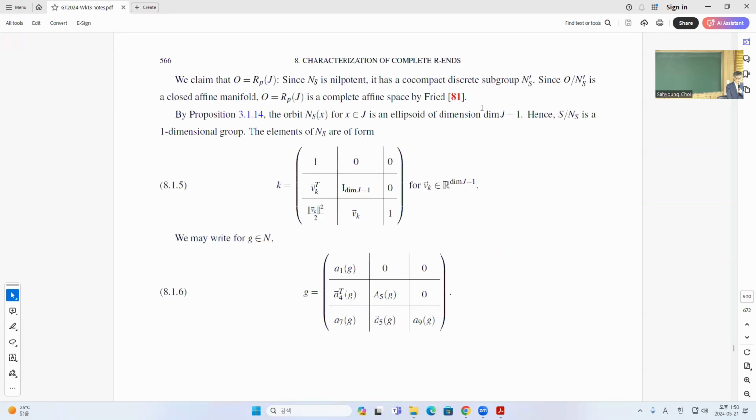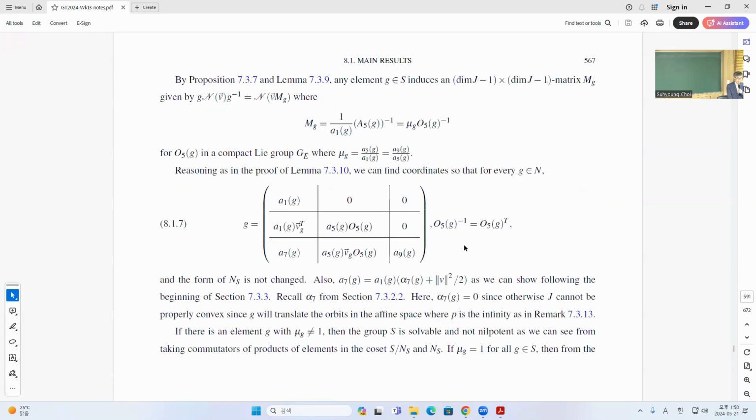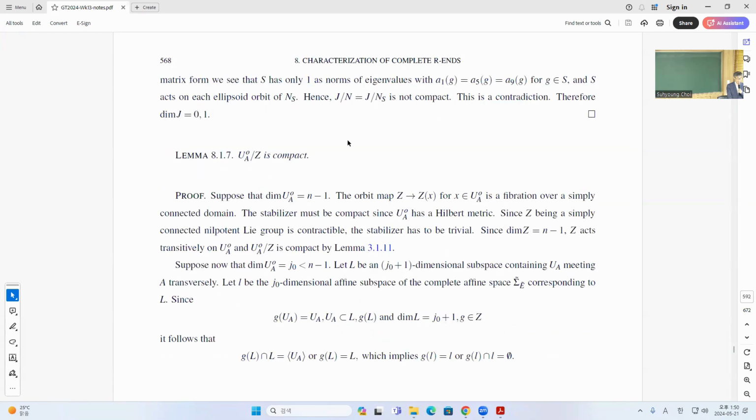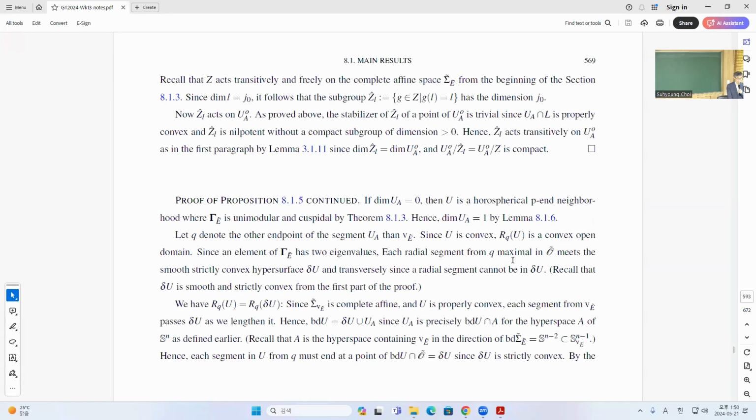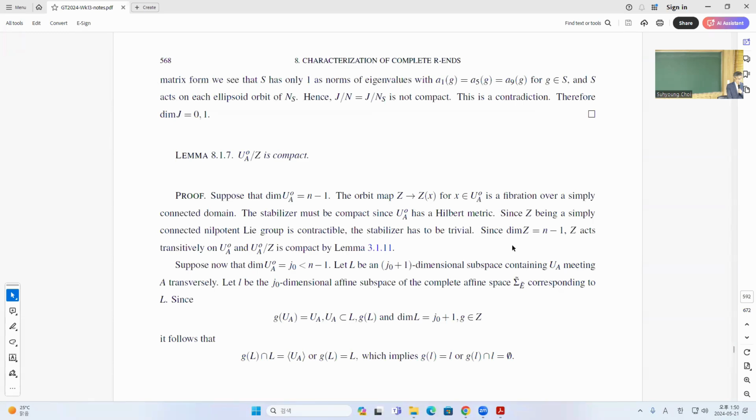So then we are in the end situation again, and then you can use the previous theory to show it cannot happen. Okay. And then also this is showing that this is compact, and this one I will skip, but it's not that hard.